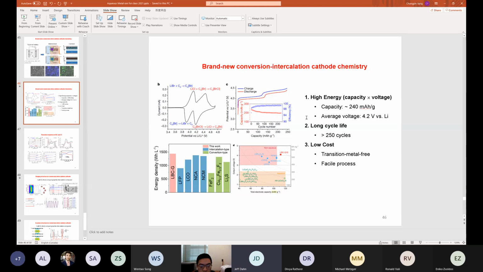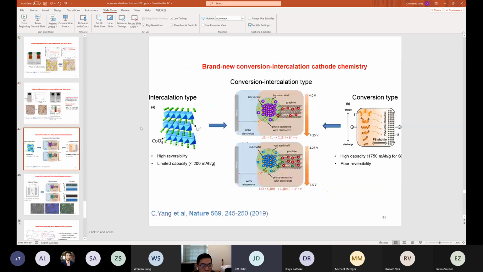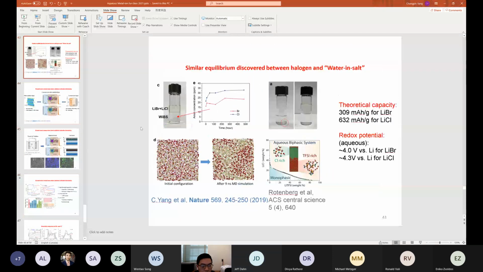But the unique thing we did here is we actually use the hydrogel we presented earlier. The reason is that even though we have a good phase separation here, you cannot guarantee you won't lose any lithium bromide, lithium chloride aqueous solution diffusing into the electrolyte as a second phase.